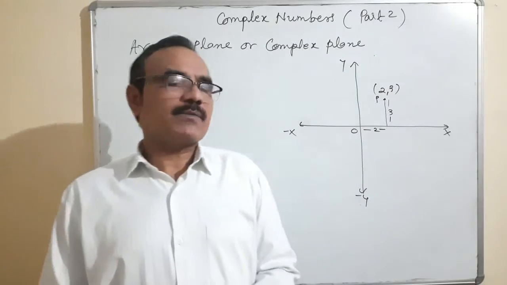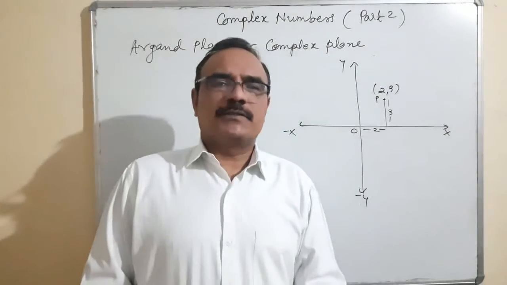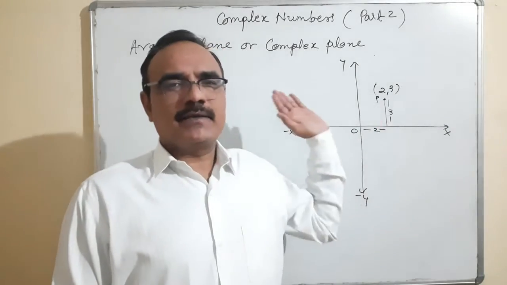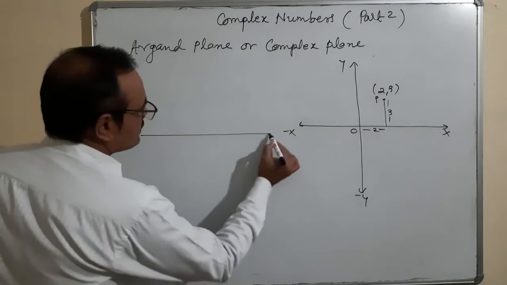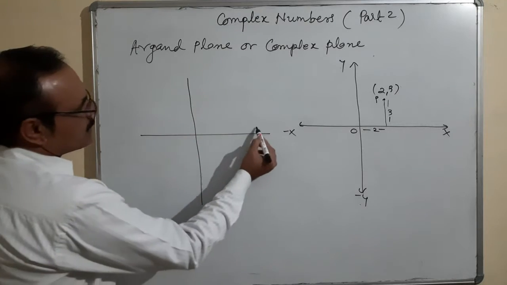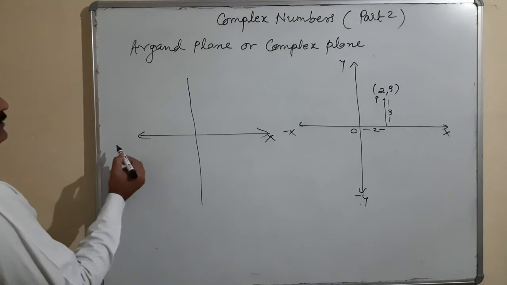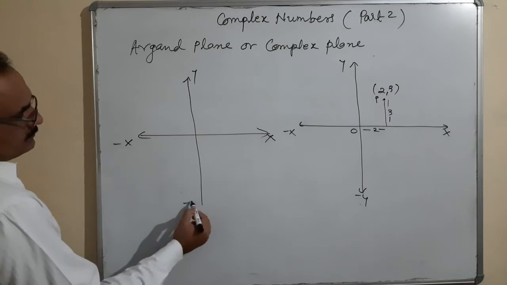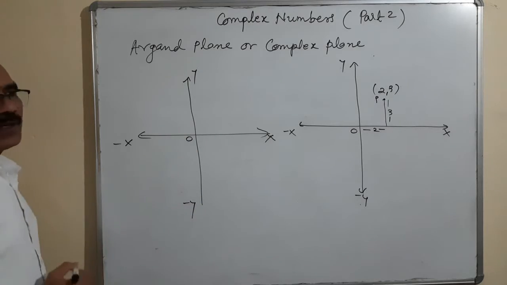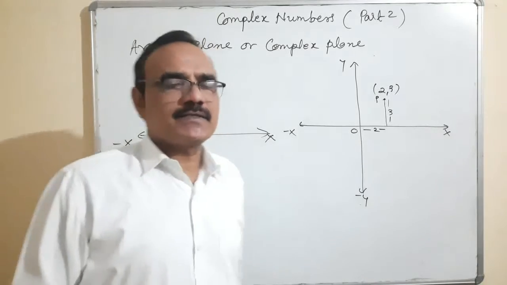Now let us discuss the Argand plane or complex plane. It is not a different plane, it's the same plane, and all the representation is the same, with no change except in the axes.